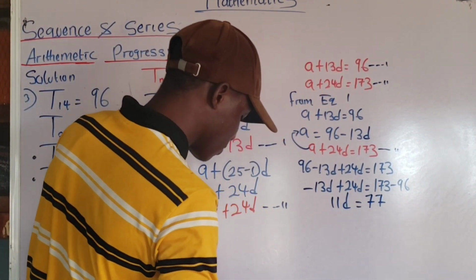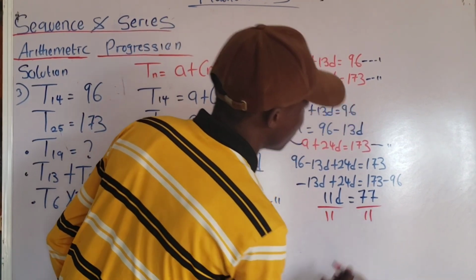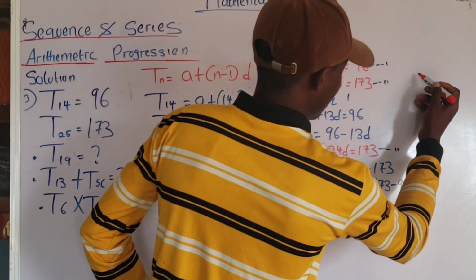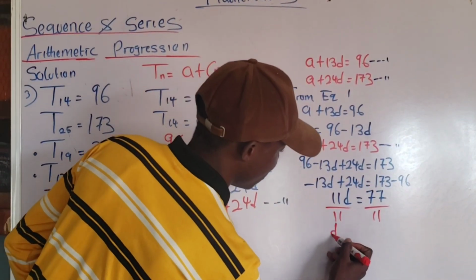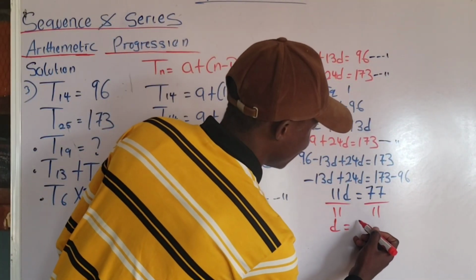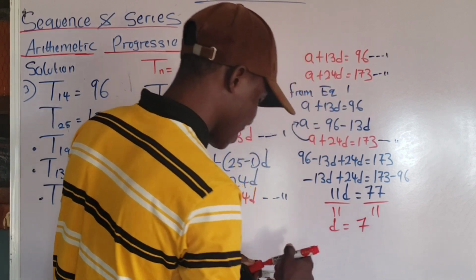The next step is that you have to divide both sides by 11. From this point I can get the value of d. The value of d is 77 divided by 11, that is 7. So the value of d is 7.